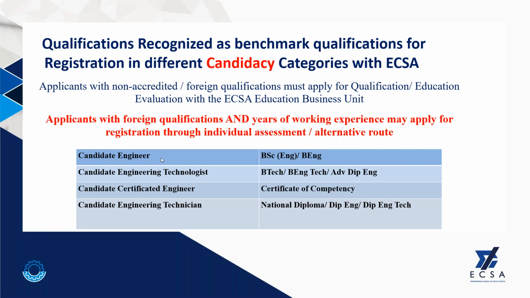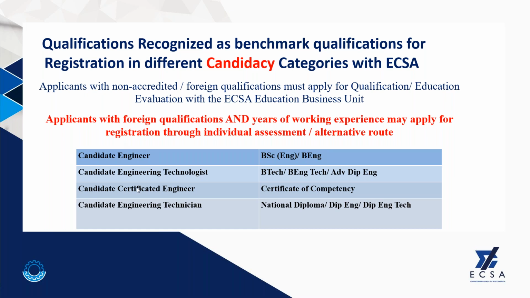A candidate engineer is someone who holds a BSc in engineering or BEng. A candidate engineering technologist is someone who holds a BTech, BEng Tech, or an advanced diploma in engineering.